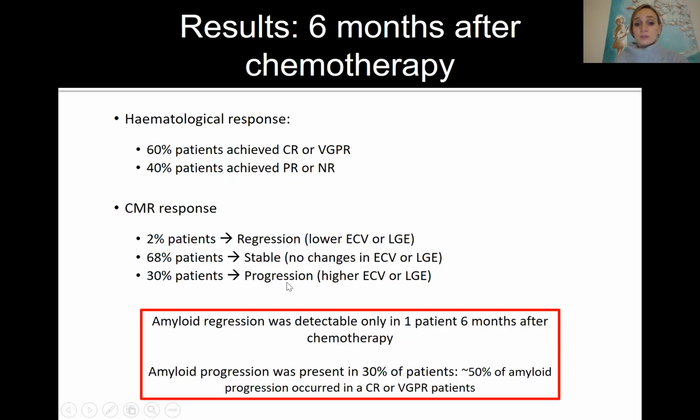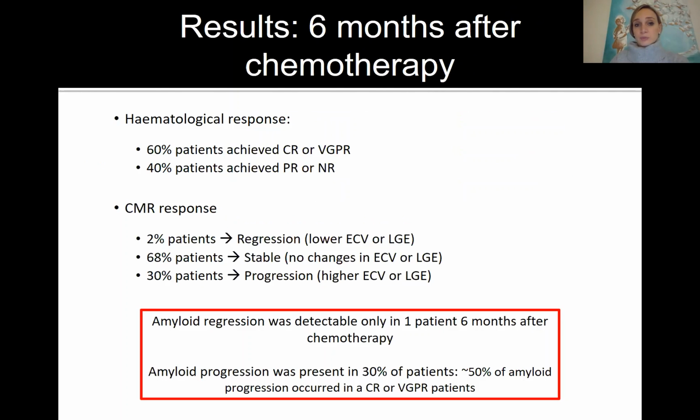But what was interesting, amyloid progression was present in 30% of patients, but 50% of these patients were classified as having a very good response clinically. So why did these patients progress? Because probably the hematological response was achieved, but not very rapidly. So in the interim time, there was further amyloid deposition.